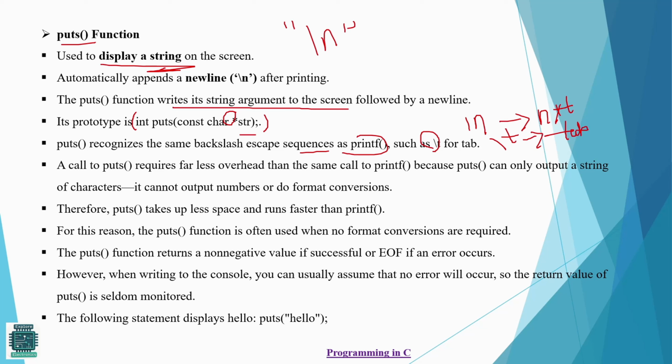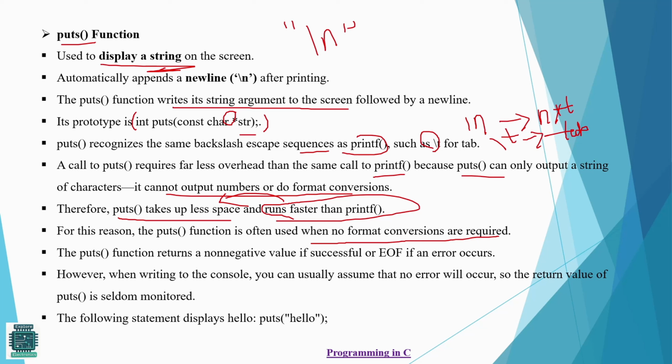Okay, a call to puts requires far less overhead than the same call to printf because puts can only output a string of characters. It cannot output numbers or do format conversions. Therefore it takes up less space and runs faster than printf. Make sure to note this point: for this reason, the puts function is often used when no format conversions are required.